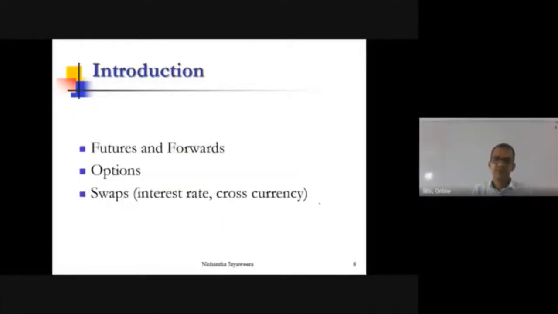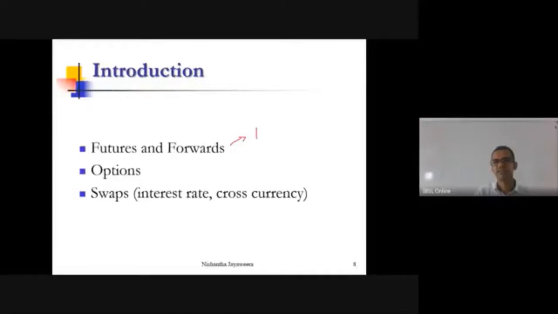These are a few examples. Futures and forwards are very common derivative transactions, and the options and swaps. Basically, we are going to cover these three broad types of derivatives. First, futures and forwards.